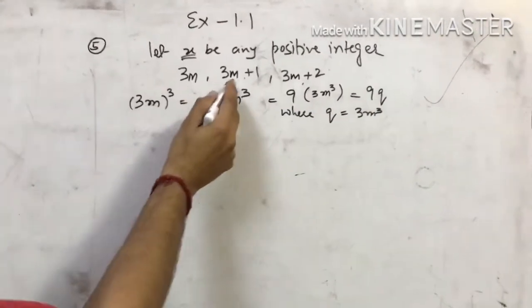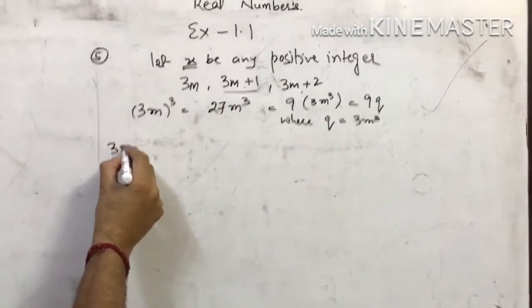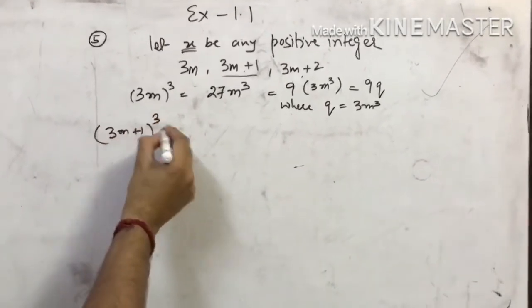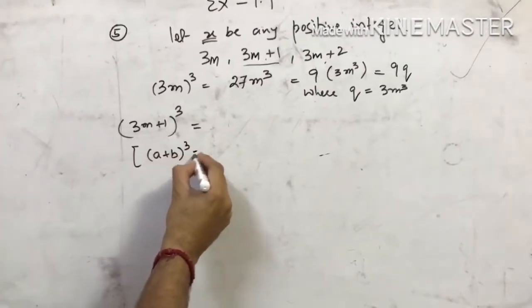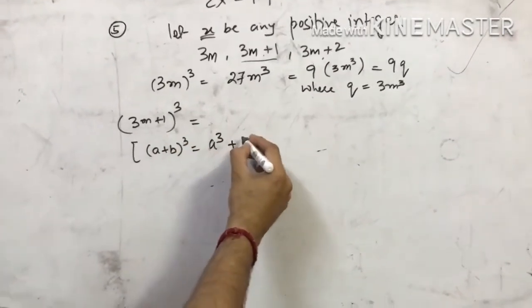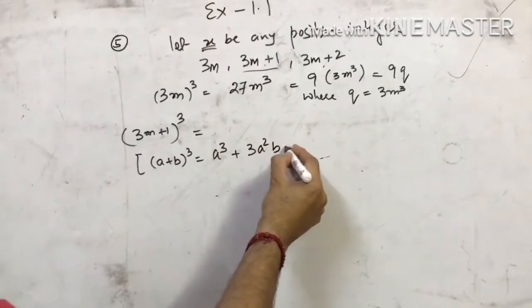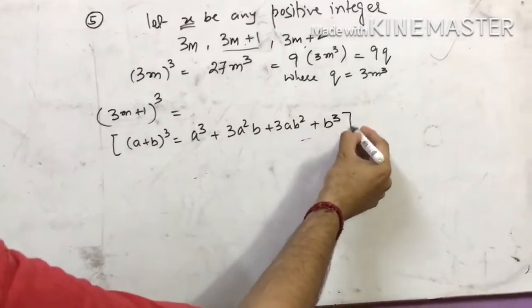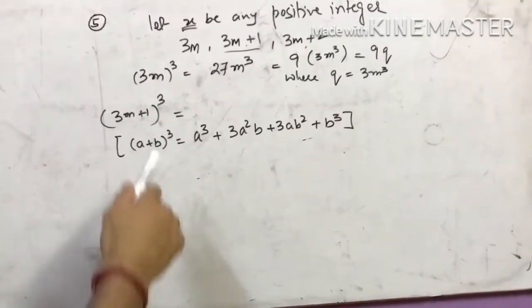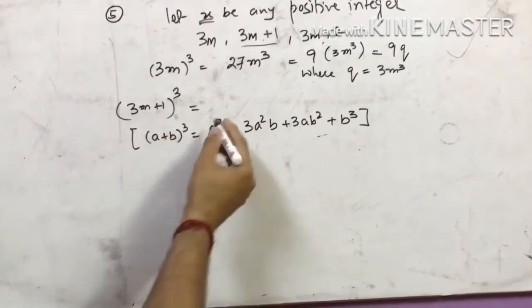In case of the second question, when you have to do 3m plus 1 cube, you should know the formula. What is the formula? So by using this formula you can do this question. So this is your a, this is your b.